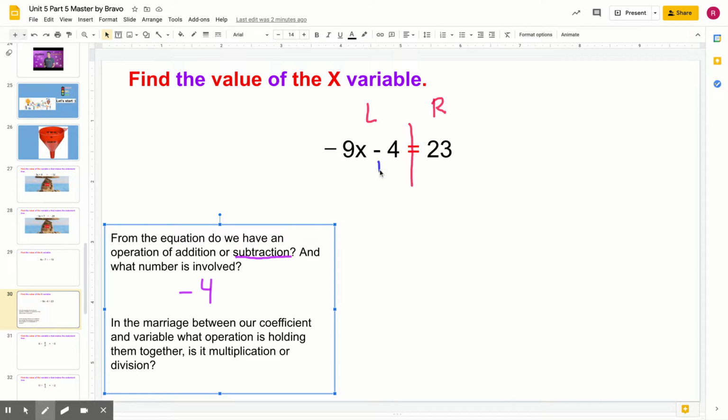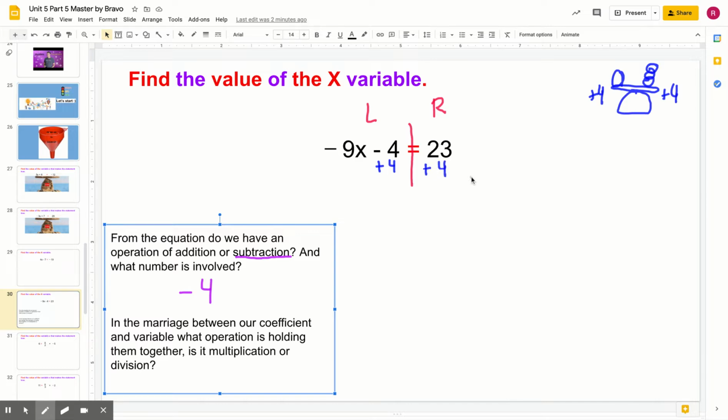That means I have to add 4. But remember, that equal sign says to remain balanced. I'm drawing that rock picture of the pebbles: we had a big rock, and then multiple ones here. If I add 4 on the left side, I better add 4 on the right side as well.